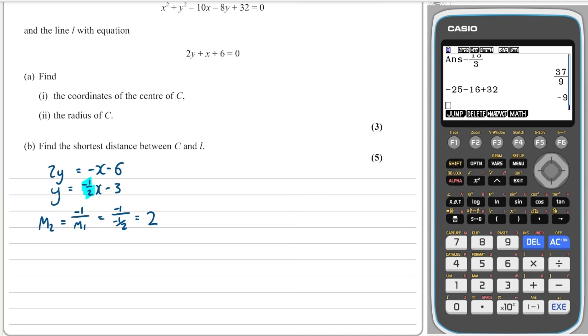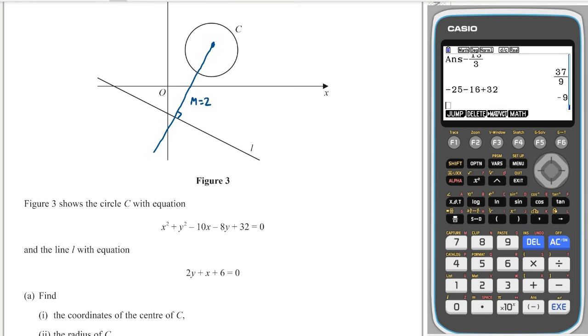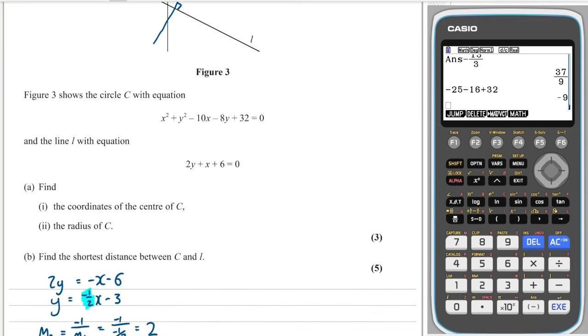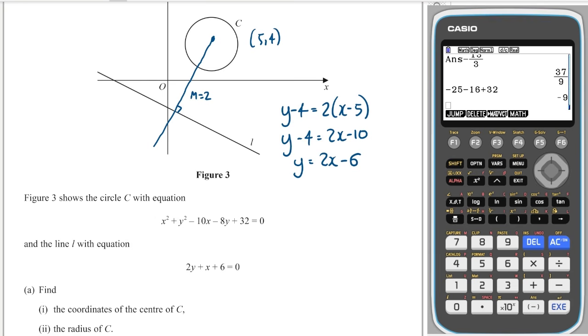Okay, great. So this line here has a gradient of 2. And we also know it goes through the centre point, which we worked out earlier, and that was 5, 4. So let's find the equation of this line. So we'll have y minus y1 is equal to m times x minus x1. So we're going to get y is equal to 2x minus 6.